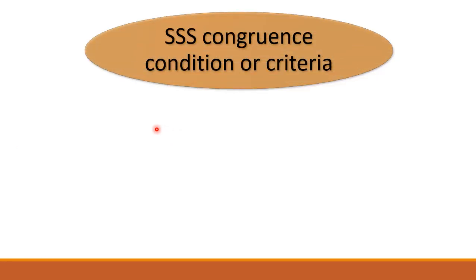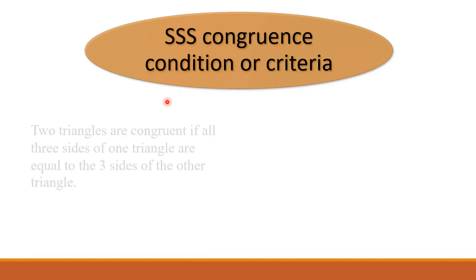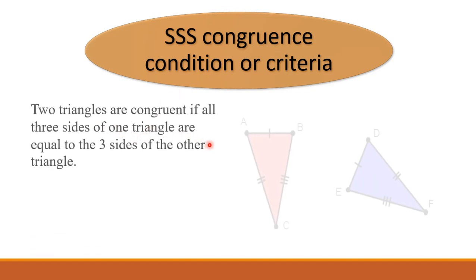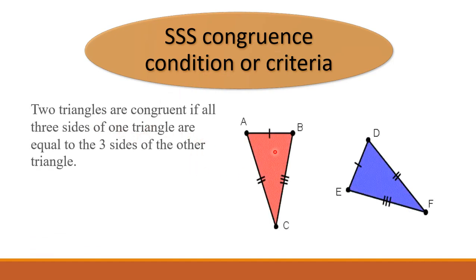So let's start. First is the SSS congruence condition or criteria. Two triangles are congruent if all 3 sides of one triangle are equal to the 3 sides of the other triangle.